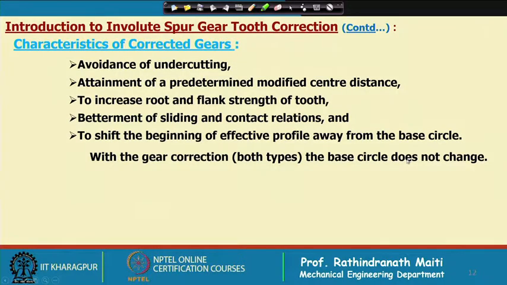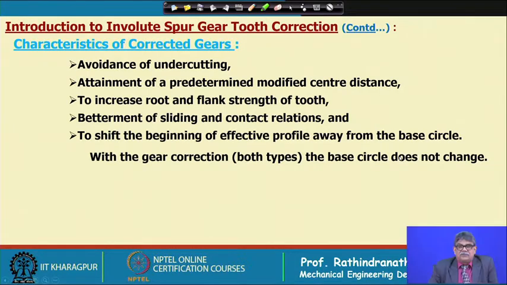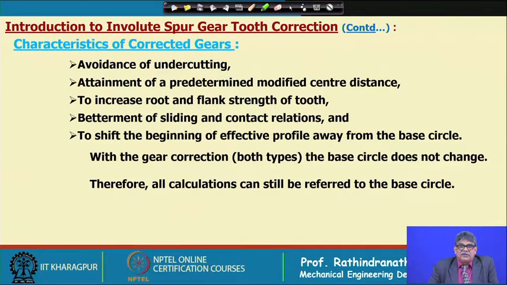With gear correction of both types, that means if we go for profile shift or profile modification, we should remember the base circle does not change, it will never change. Therefore, all calculations can still be referred to the base circle.